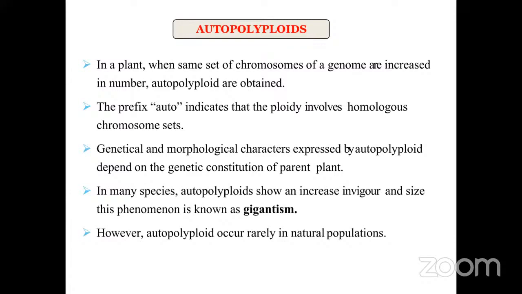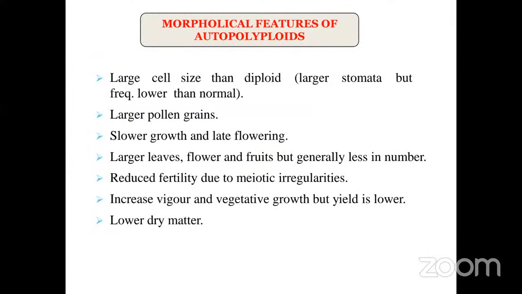During the course of evolution, many plants are polyploid in nature. Polyploids are more adaptive to changing climate conditions because they have more genetic content through duplication of their entire own genome, and they show increased vigor and size, called gigantism. It can happen naturally.